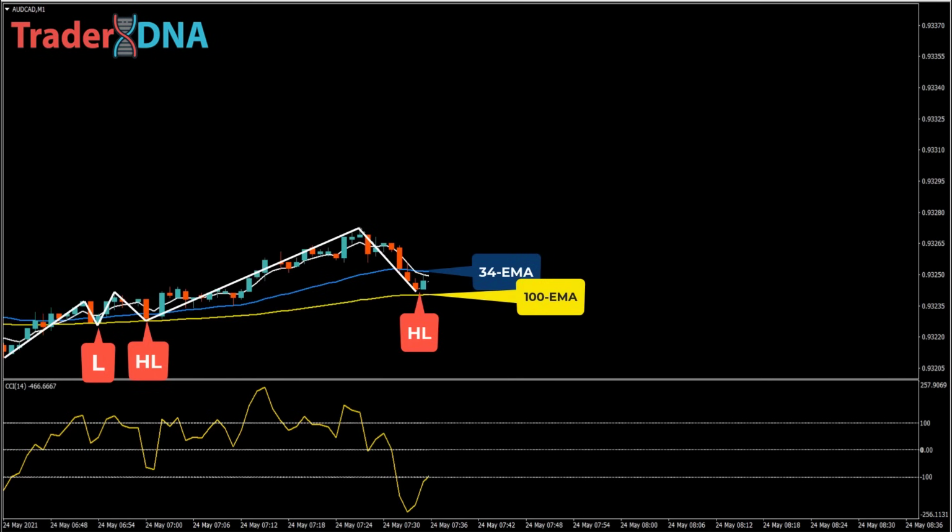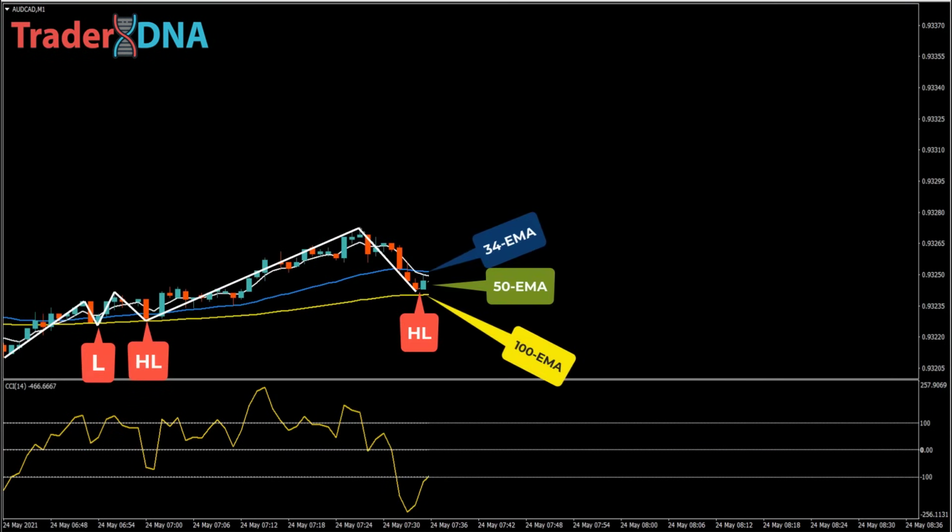Now here's where it gets interesting. When we combine the 34 period EMA with the 100 period EMA, guess what? The 50 period EMA naturally falls right in between. And that's huge. The 50 EMA is another favorite among institutional traders and market makers, making the space between the 34 and 100 EMAs a highly significant trading zone.